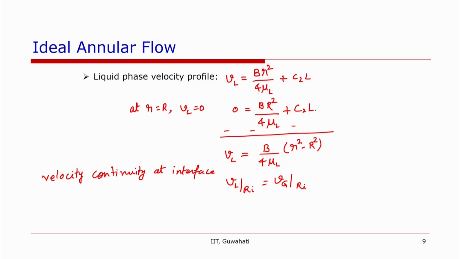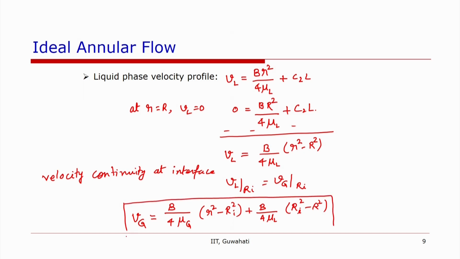So the gas velocity we will get after substitution and manipulating the algebra, we will get Vg is equal to B over 4 μ gas (small r square minus capital Ri squared) plus B by 4 μL into (Ri square minus R square). So I request you to go through this step and do the required algebra.